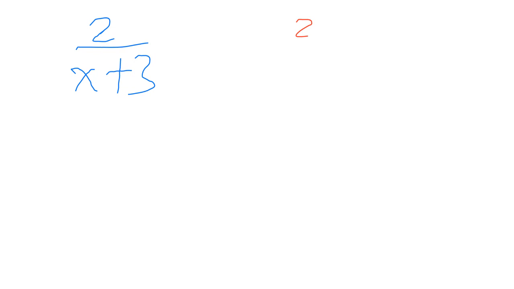In the denominator, the 3 has x to the power 0 attached to it, and x is x to the power 1. X to the power 0 is 1, so you don't write it. So for the numerator the greatest degree term is 2, and for the denominator it is x. You have 2 over x.